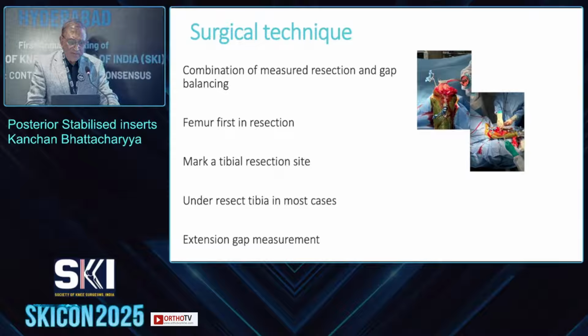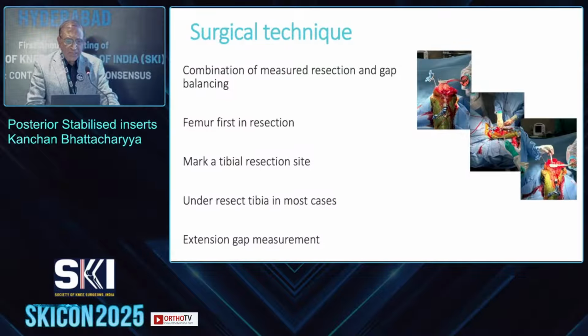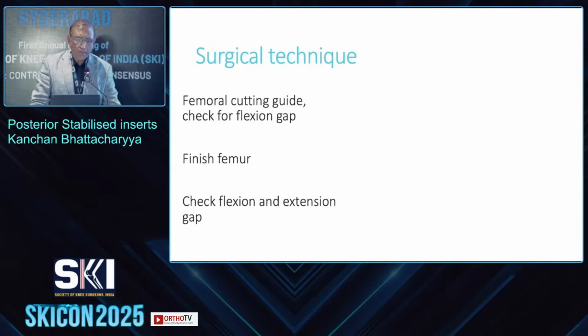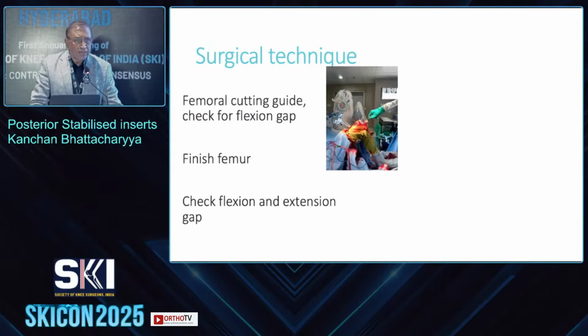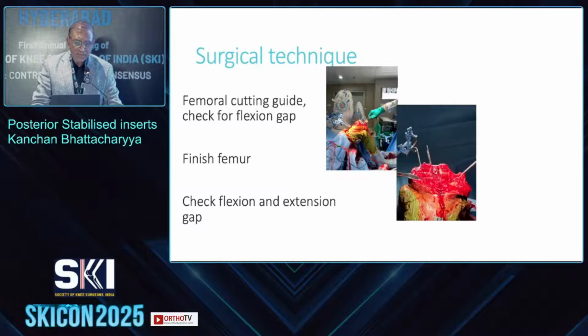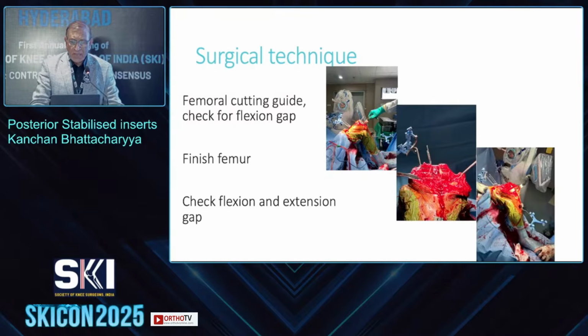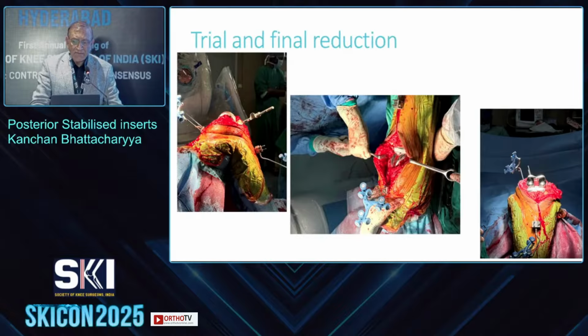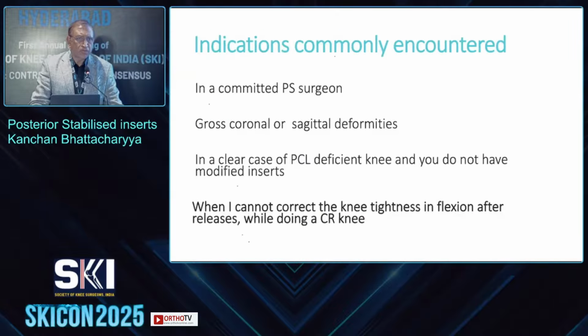I always under-resect the tibia, measure the gap in extension, then go ahead, do the femoral cutting guide, see my flexion range, see that I don't get it too big, finish the femur, check for extension, and then make a trial and finally do it. So we make sure that at every step we do not overcut. We could rather have it tight than loose so that you can go back into it all over again.